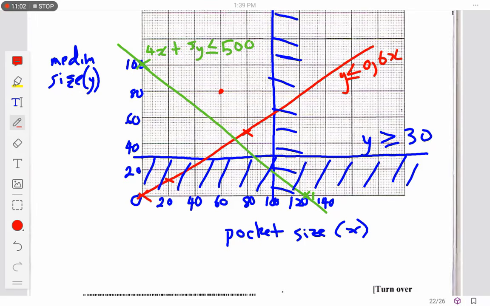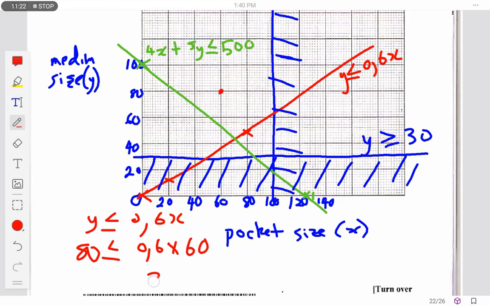I'm going to say my y is 80 because I have y is less or equal to 0.6x, so we are saying 80 is less or equal to 0.6 times 60. I'm getting 36. So we are saying 80 is less or equal to 36, which is not correct, meaning that region is not satisfying the equation, so that will be the unwanted region.